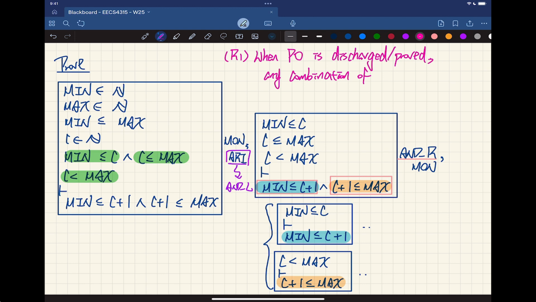It's really what you have just proved. Whenever you try to prove something, you really prove for all the possible values as long as they satisfy the types of the variables. In this case, any combinations of minimum and maximum value.